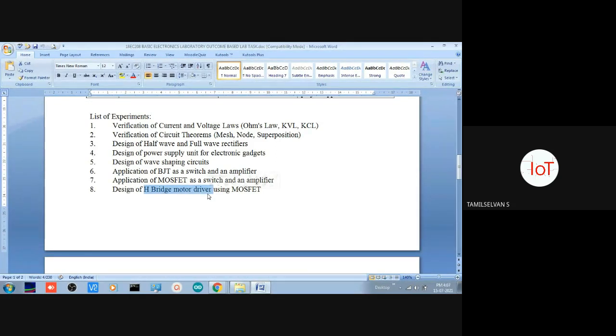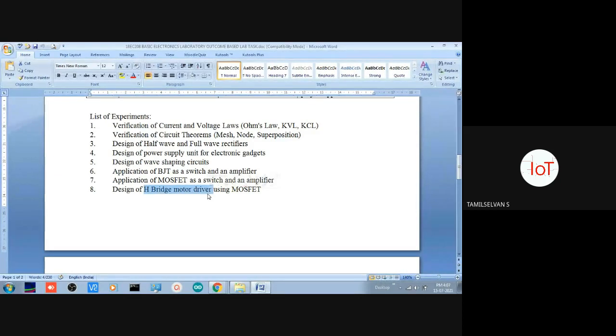Whatever your controller may be, if you want to interface it with a motor, especially for vehicles or line follower robots or any other robots, you definitely need a driver circuit.